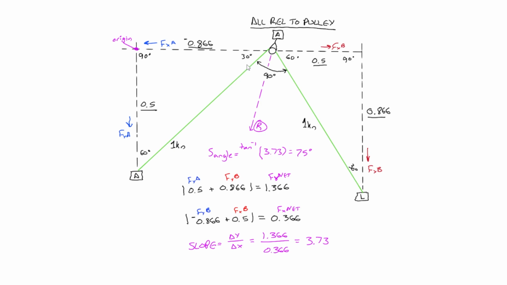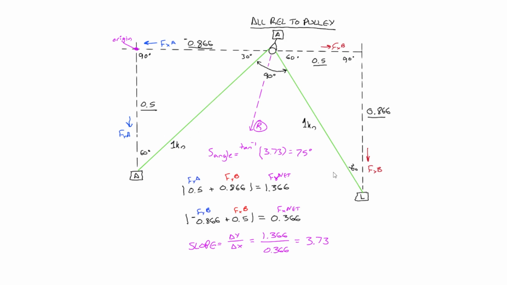So we're going to consider our rope going from our anchor to our pulley, and from our pulley to our load to be the 2 vectors that we're calculating. And we can actually break that down into 4 vectors, which, believe it or not, makes it a little bit simpler in the end.